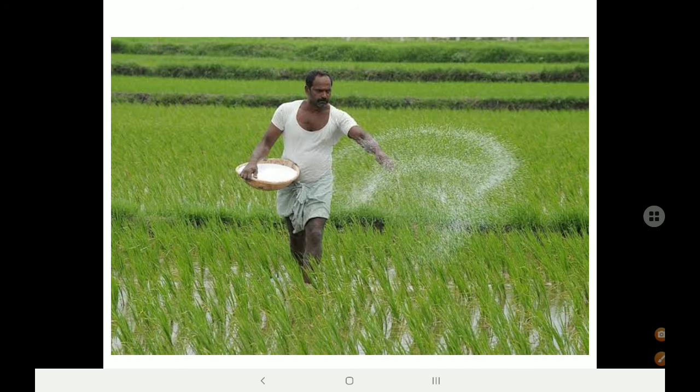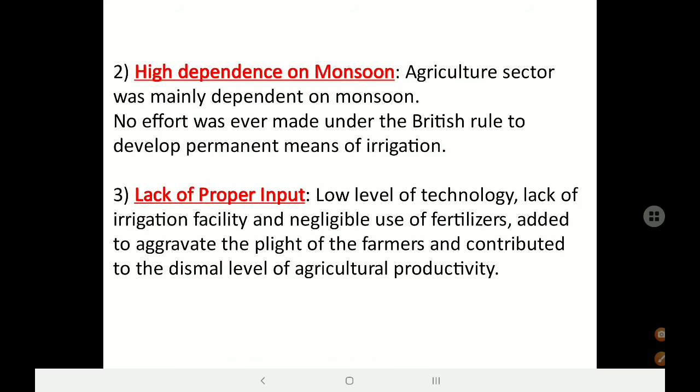They don't have chemical fertilizers to bring the agricultural productivity to a higher level. So these are the points of agricultural sector which are highly influenced by the Britishers.